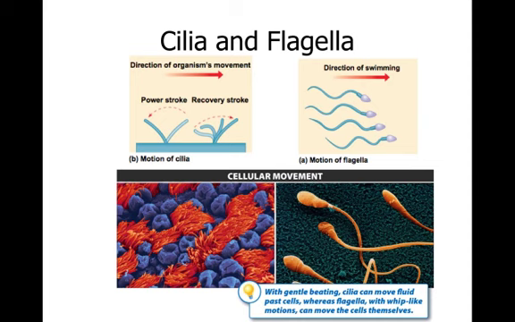And so what's different between them is that cilia are like little tiny hairs all over the surface of a cell. If we think of one single cell, we can think of the surface of that, for example, in our respiratory system, in our bronchial tree.